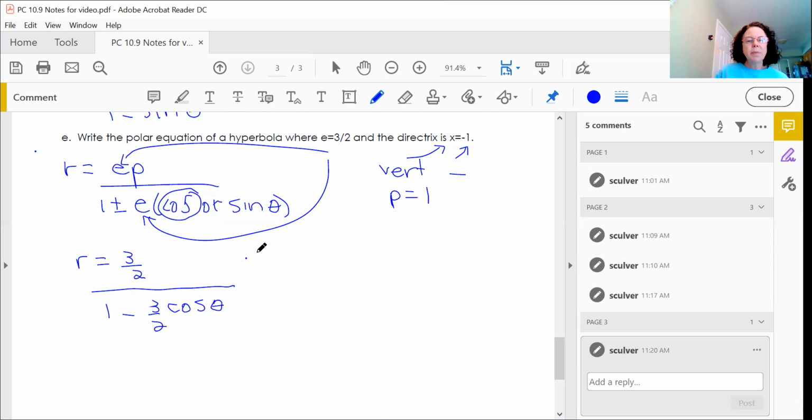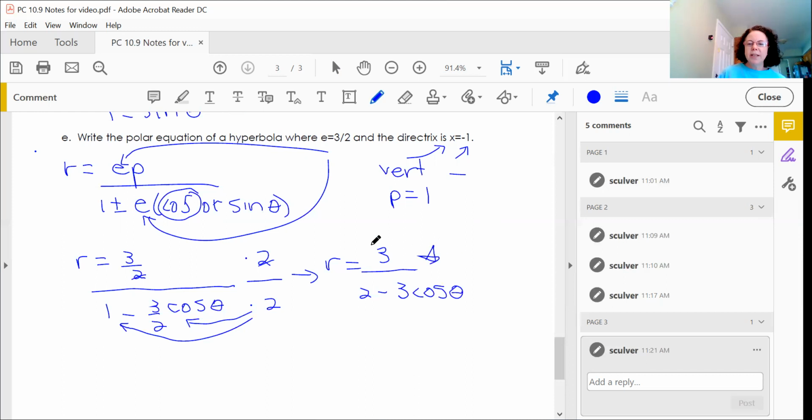So I am going to multiply the numerator by 2 and the denominator by 2 to get rid of the fractions. And our final answer is we have a 3 in the numerator, and we will distribute the 2 to both terms in the denominator, and we get 2 minus 3 cosine of theta. And there is your final polar equation that you wrote for this hyperbola.